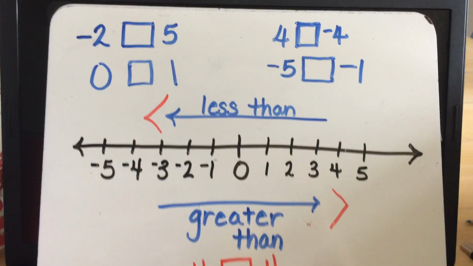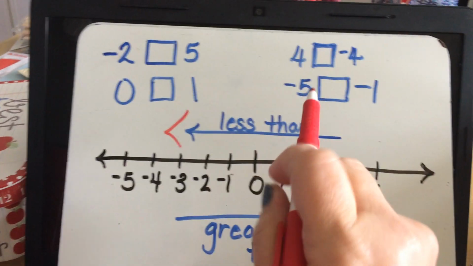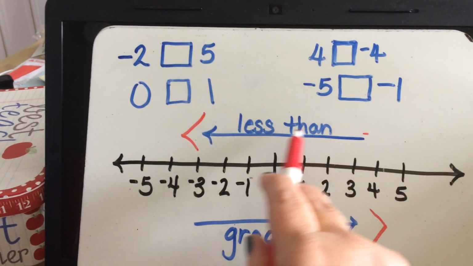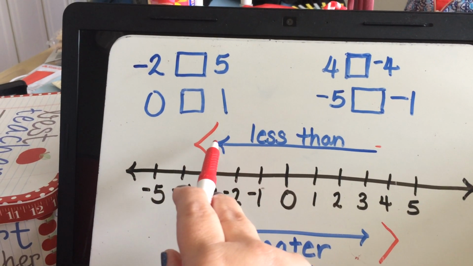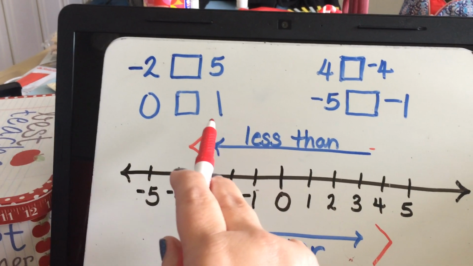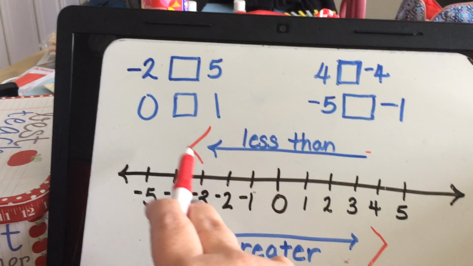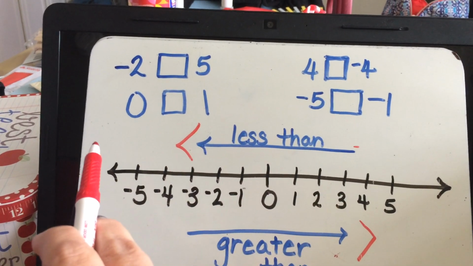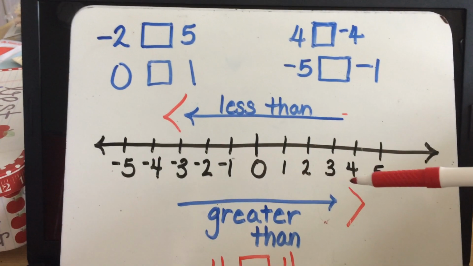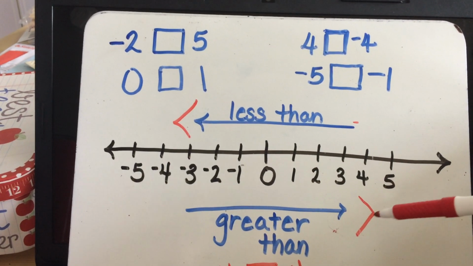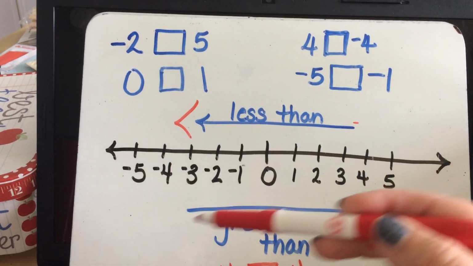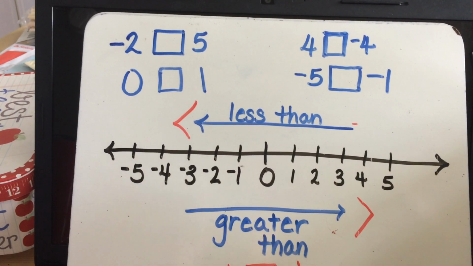So, listen to it again. Pay attention to less than. See the end of the arrow? The less than symbol mimics the end of the arrow going that way on the number line. The greater than symbol mimics the end of the arrow going this way on the number line.